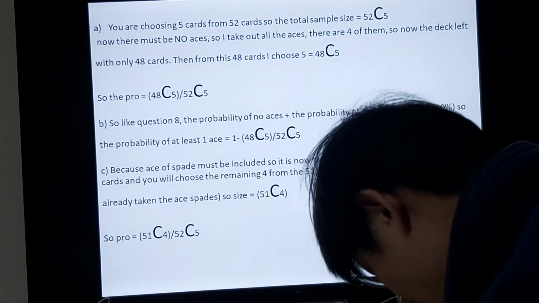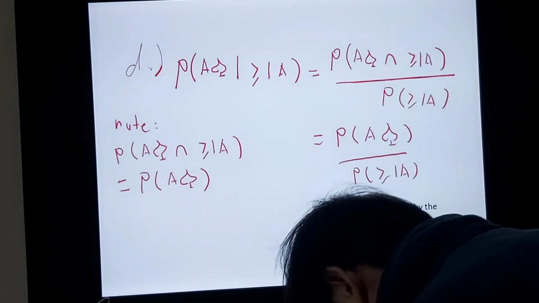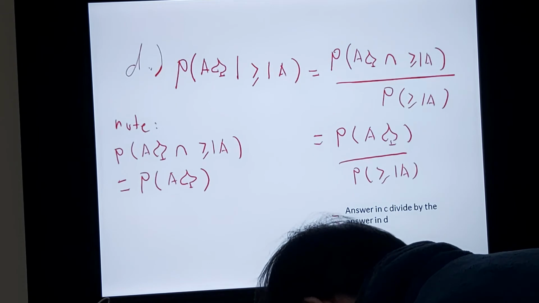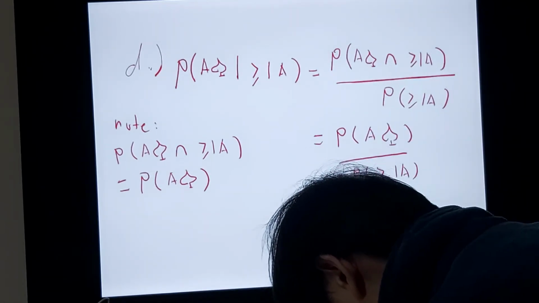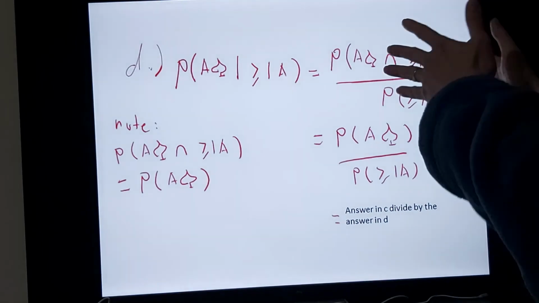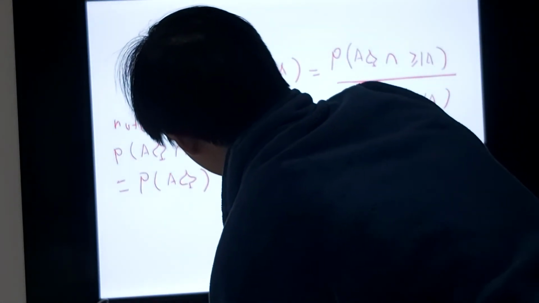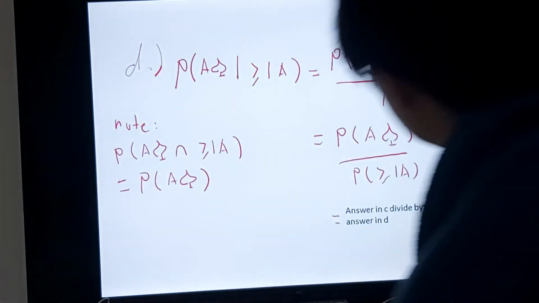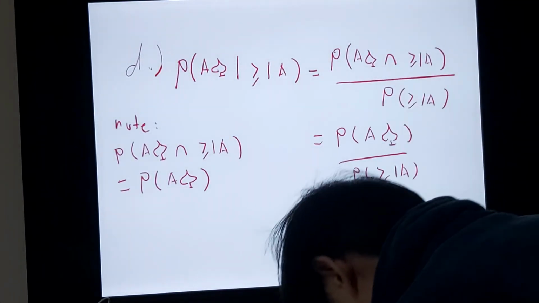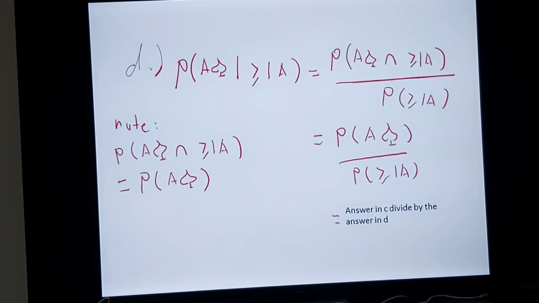Now the last question: the probability of the ace of spades given that there is at least one ace. It can be written in this manner: the probability of having the ace of spades given that there's at least one ace among the 5 cards.